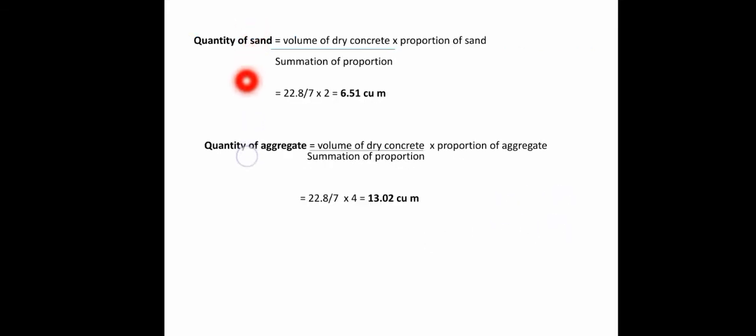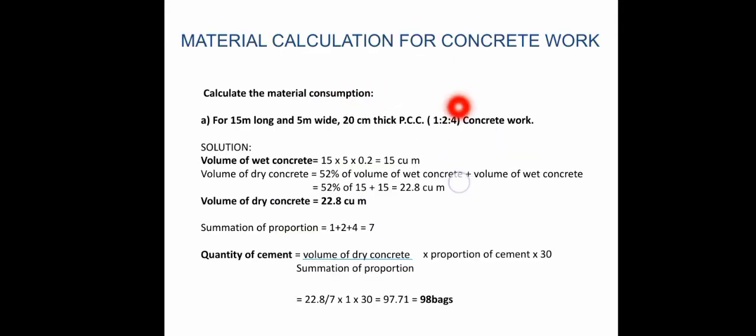Now quantity of sand. Volume of dry concrete upon summation of proportion into proportion of sand. Substituting the values, 22.8 divided by summation of proportion, that is 7, into proportion of sand. Proportion of sand is 2.